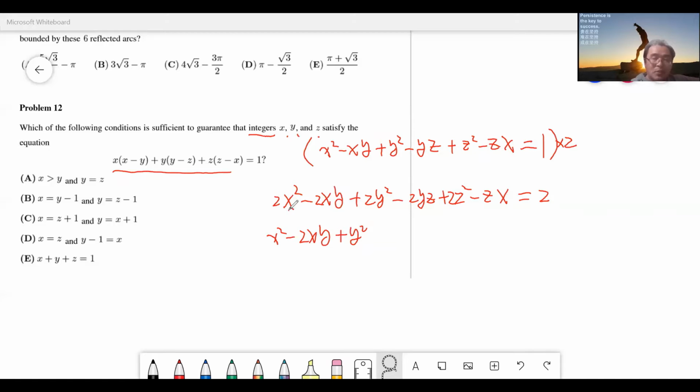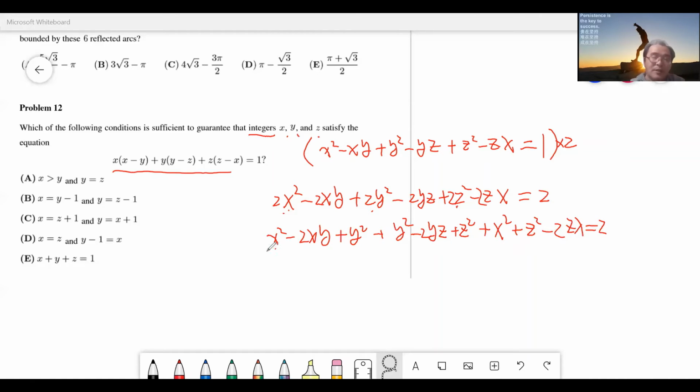I pick one x squared and one y squared, so I have one y squared left, minus 2yz plus z squared. Then we have one x squared left and one z squared left, plus x squared plus z squared minus 2zx equals 2.